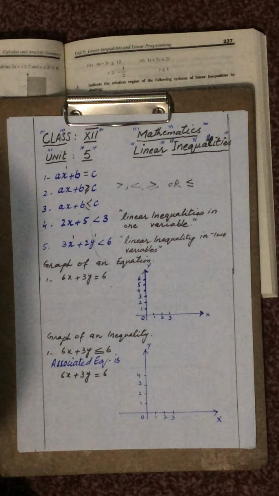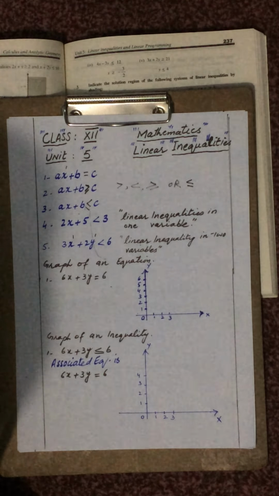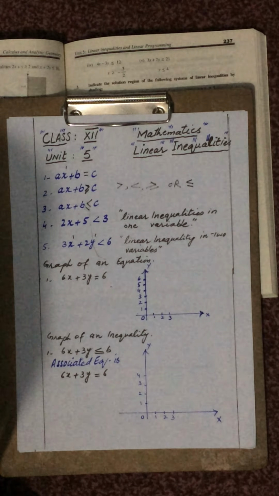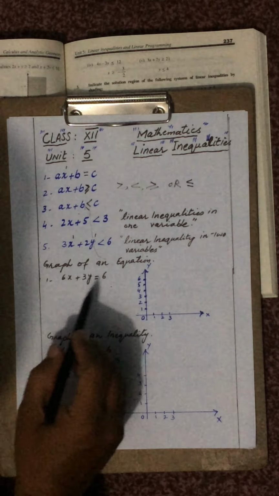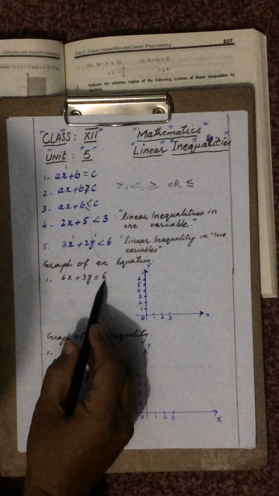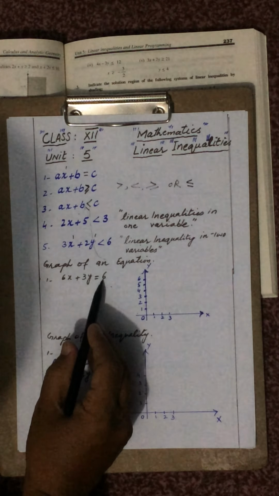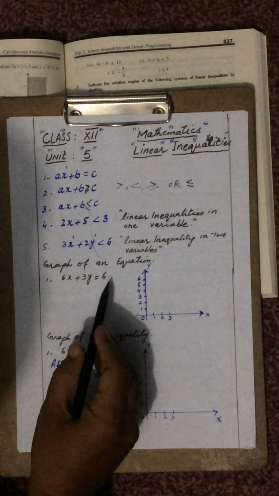I am going to tell you a very simple method to draw the graph of equations. First of all, divide the whole equation by 6, the number on the right side.